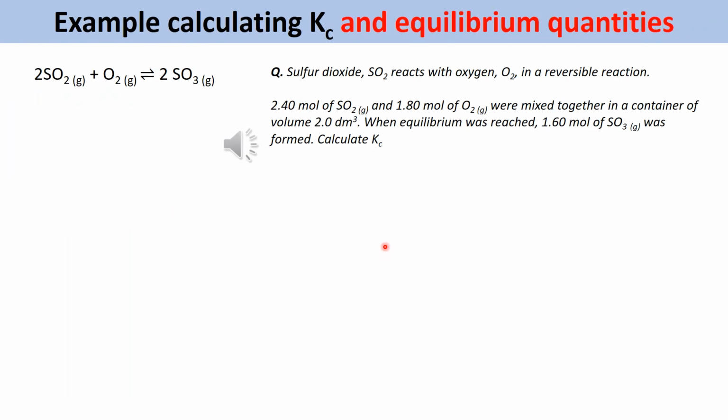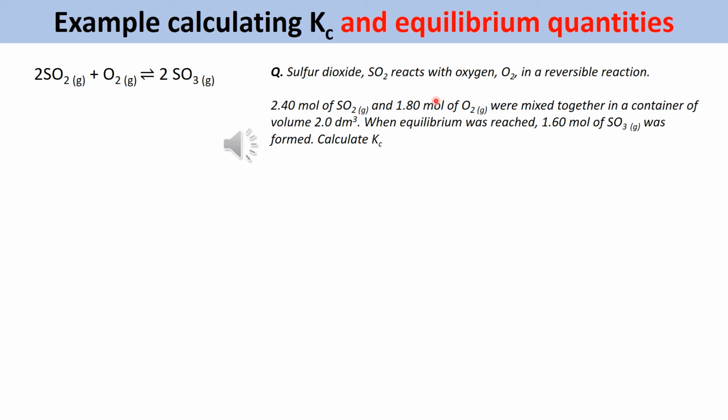So I'm going to show you now how we would calculate Kc when you've also got to calculate equilibrium quantities. In the first example I gave you, the equilibrium quantities were already given to us and we had to calculate their concentrations.